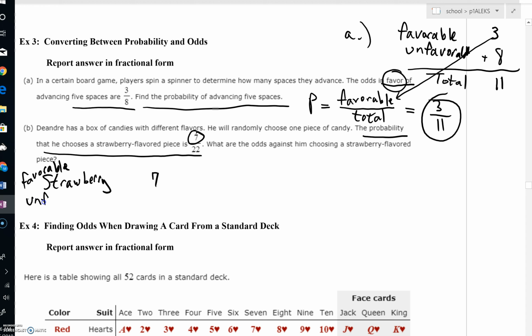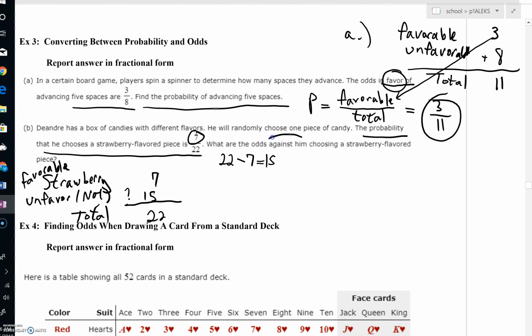The unfavorable would be not getting a strawberry. But then we've got our total. Our total would be 22. So the question is, if you get a strawberry 7 out of those 22 times, how many times did you not get a strawberry? And you'd go 22 minus 7, which would be 15.